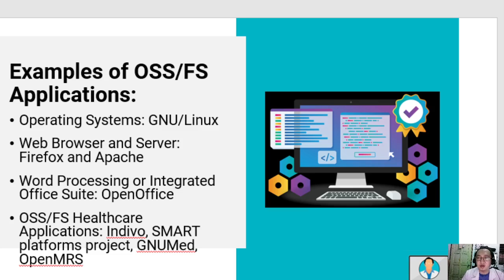Examples of OSS or FS applications are operating systems like Linux, web browsers like Firefox, word processing or integrated office suites like OpenOffice, and healthcare applications like OpenMRS, which I'll be doing a demo of later, and GNU Med. Of these healthcare applications, I'm more familiar with OpenMRS.